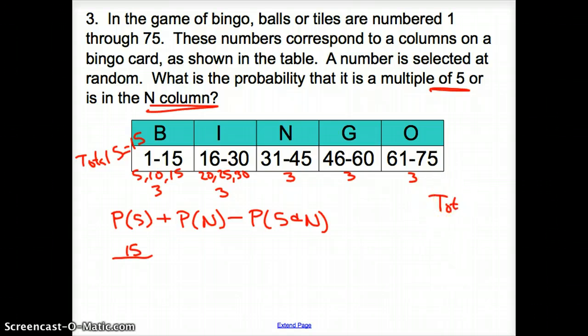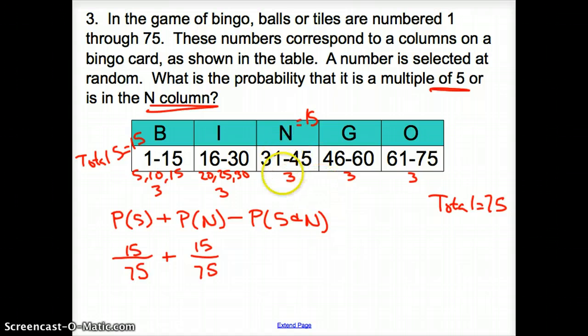So we have a probability of 15 out of, what's our total? Our total is 75, so it's 15 over 75 plus. Now how many are in N? We have 15 numbers in N, so it's going to be plus 15 over 75. Now we have to take out the 5s that are in the N column.